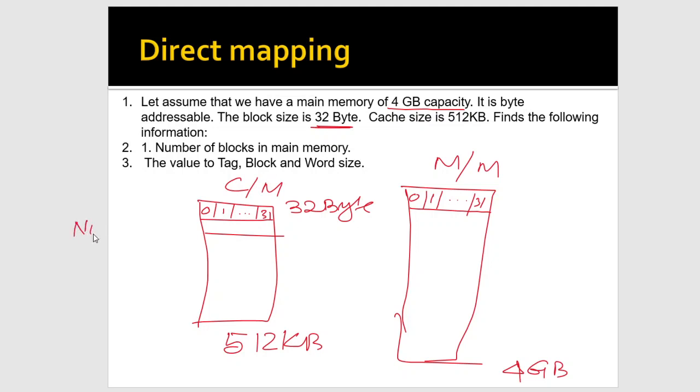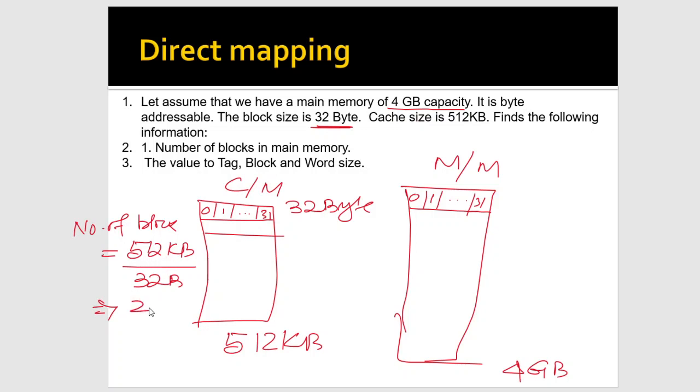So the number of blocks will be how much? 512 kilobyte divided by the size of the block, 32 byte. Now convert this to binary form in power of 2. 512 means 2 to the power 9, K means 2 to the 10.